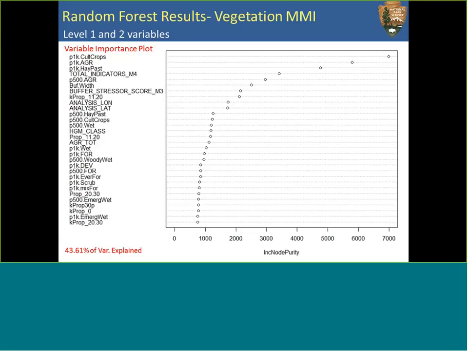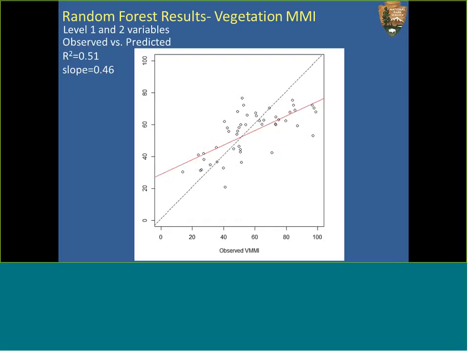I have one of these variable importance plots for every MMI that I tried to predict with land use. And what's nice is it also gives you the percent of variance explained. So 43% of the variance in the vegetation MMI was explained by this model, which is really good. Another way to assess how well the random forest model works is you have a 30% holdout of data that you don't build your model with, and then you test how well the model predicts that data.